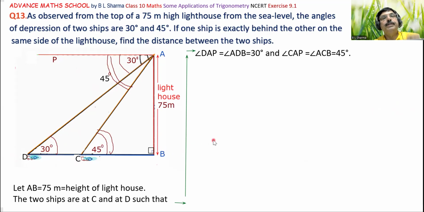AB is 75 meters, that is the height of the lighthouse. We have to find the distance between the two ships. The distance between the two ships is CD.